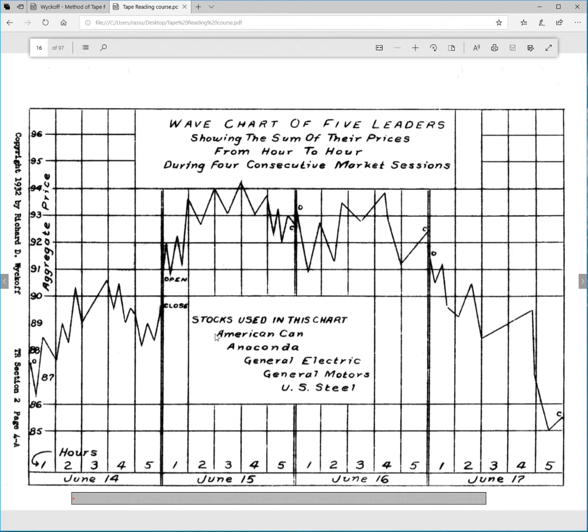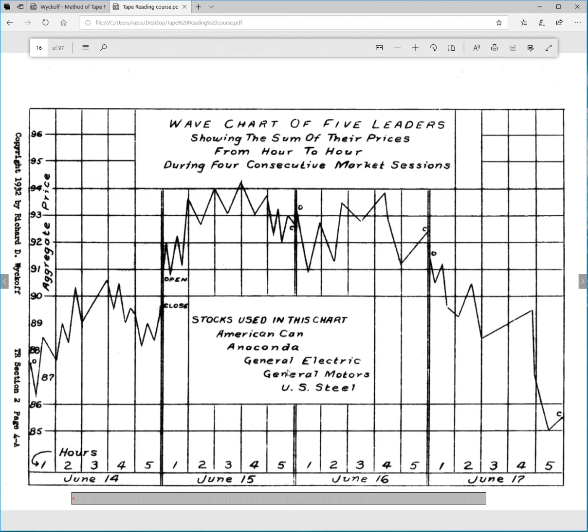The stocks he used in this chart are 1, 2, 3, 4, 5: steel, General Motors, electric, American Can. This can easily be, when they're relevant, your FANG stuff: Facebook, Apple, Google, Netflix, Amazon, right? That could be a list, but you want to use the leading ones. Like Amazon, I forgot what the price is, but I think it was leading.